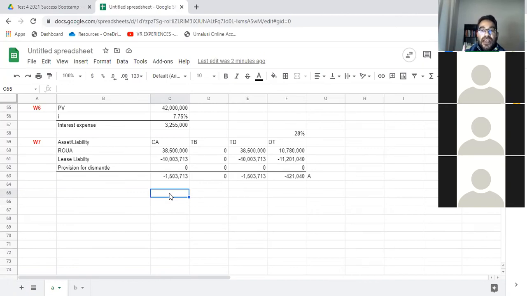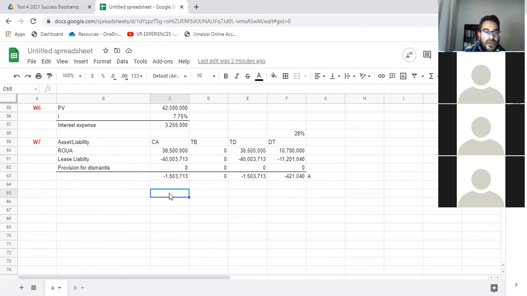SARS would have nothing. But the important aspect over there, for the PPE asset, the lessor will have nothing because the lessor is deemed to have disposed of it. But SARS would have something, because SARS doesn't care whether you are deemed to have disposed of it. SARS still sees it that you own it, so therefore SARS is going to give you the deduction. So that is going to be the difference.